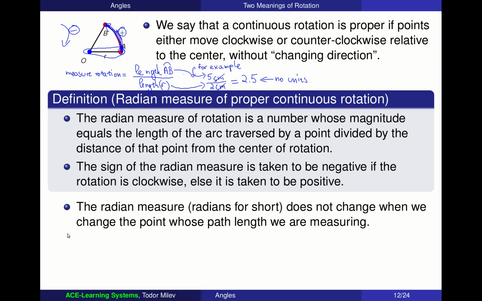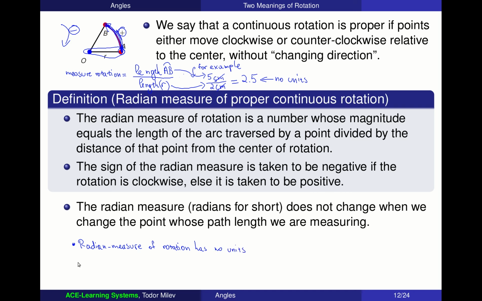So radian measure of rotation has no units.